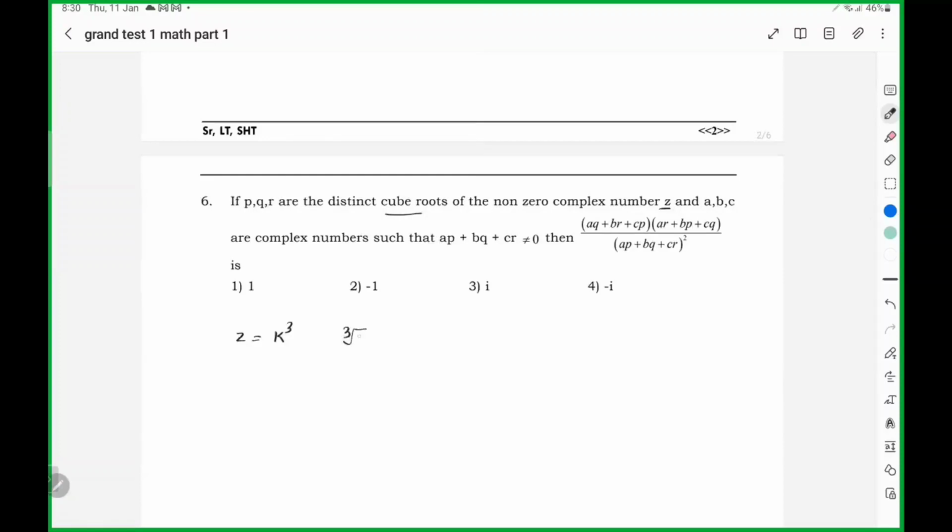Cube root of z will be k times 1, k times omega, k times omega square, because you know the cube roots of 1. So here for convenience, I take p as k, q as k omega, r as k omega square.